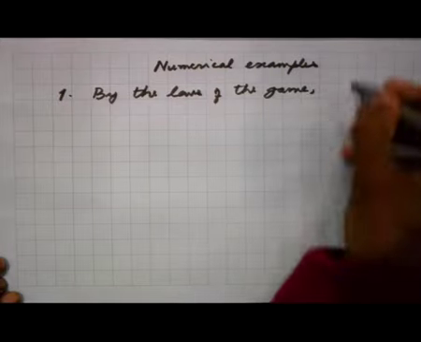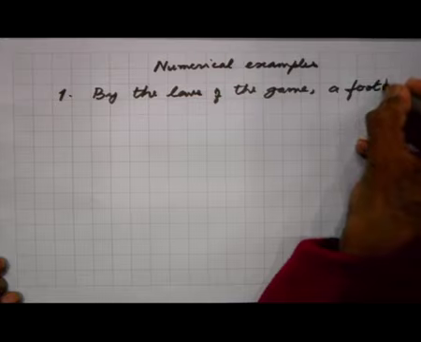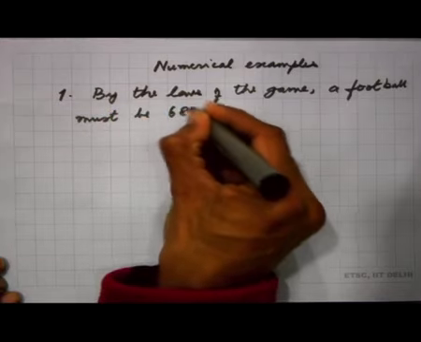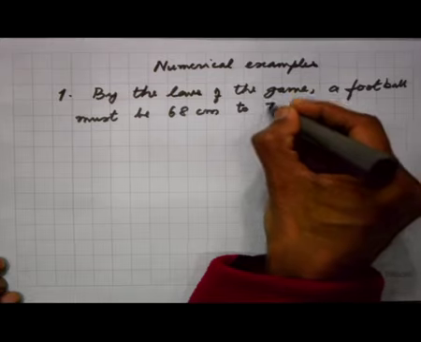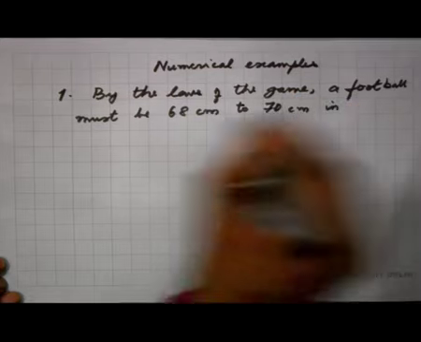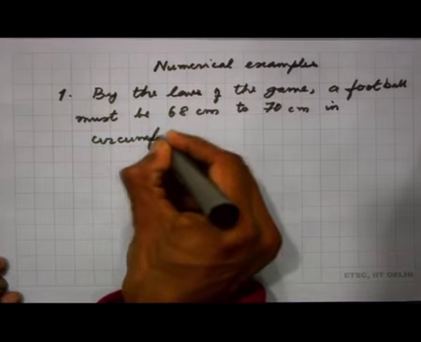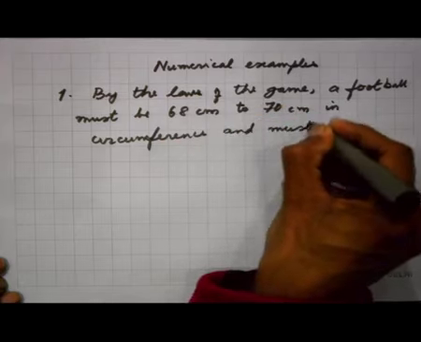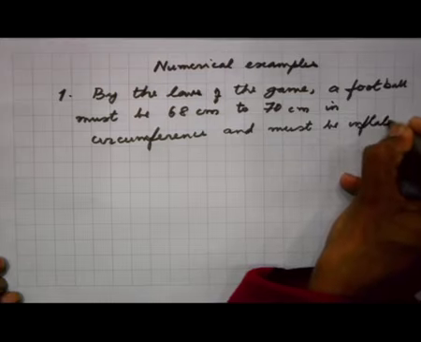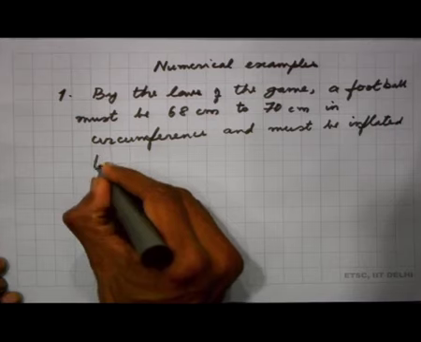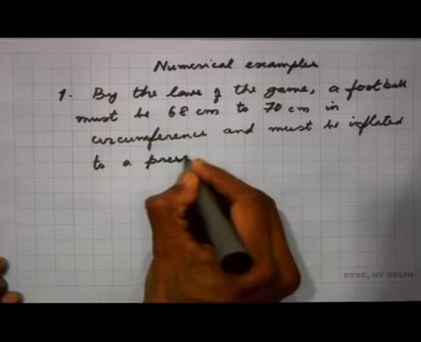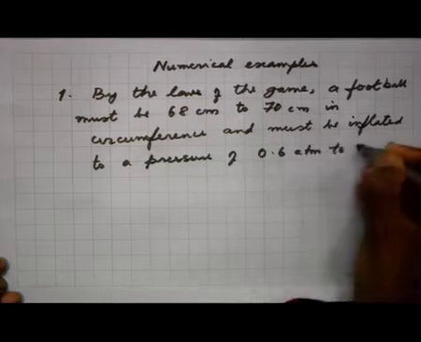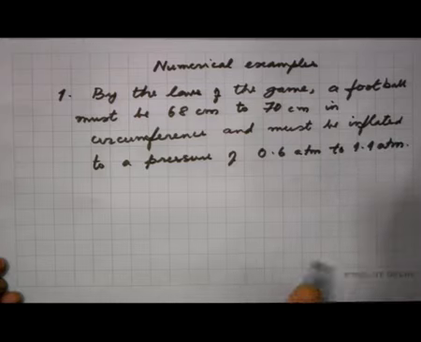By the laws of the game, a football, this is as per the FIFA rules, by the way, must be 68 centimeters to 70 centimeters in circumference and must be inflated to a pressure of 0.6 atm to 1.1 atm pressure.